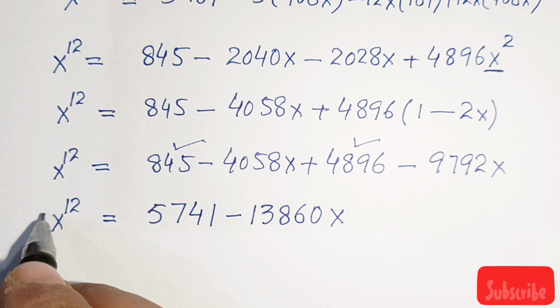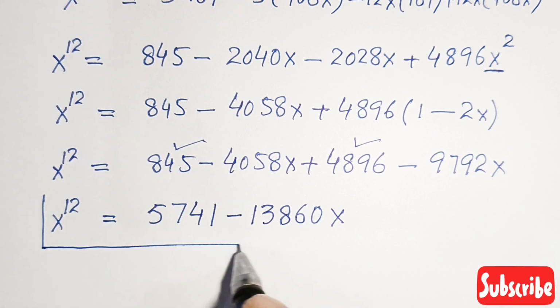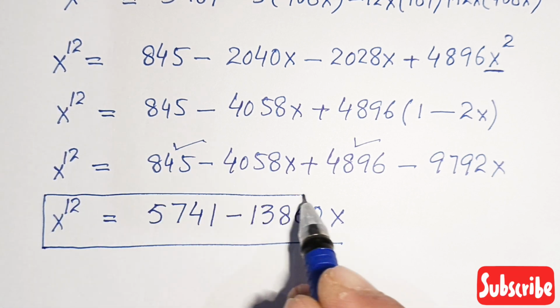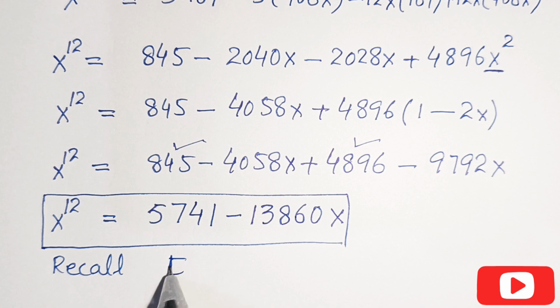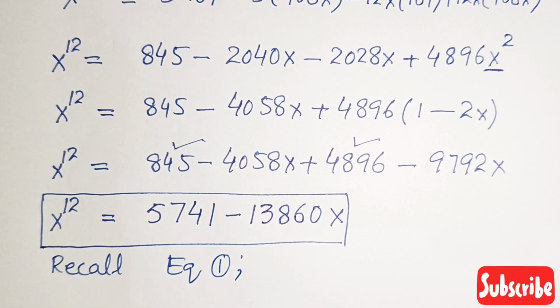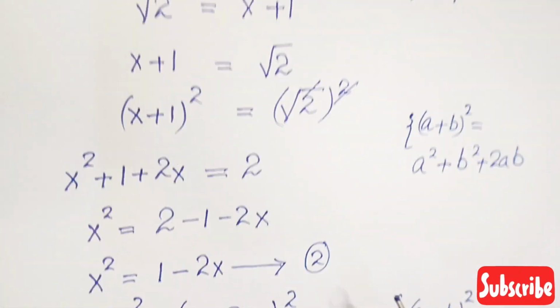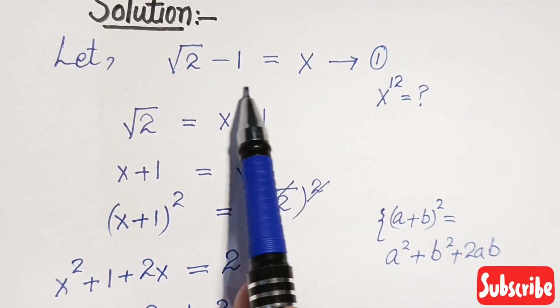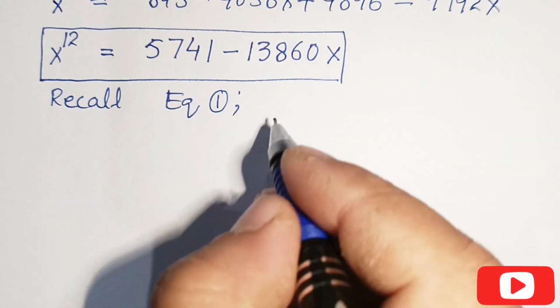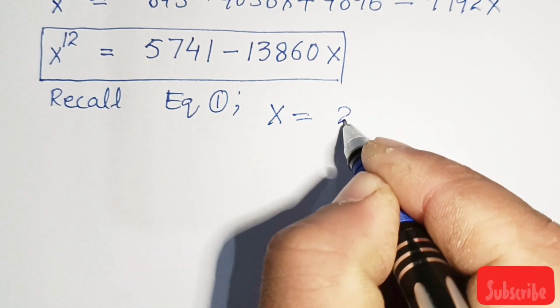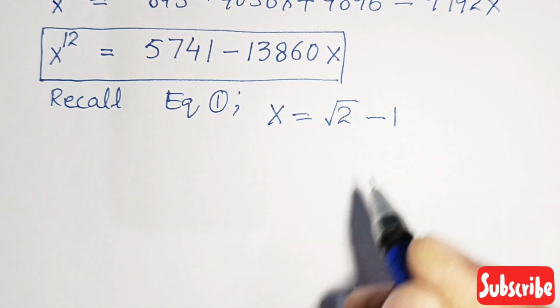So if we recall our equation number 1, as we know that equation 1 is given by square root of 2 minus 1 is equal to x. It is our equation number 1. So x is equal to square root of 2 minus 1.